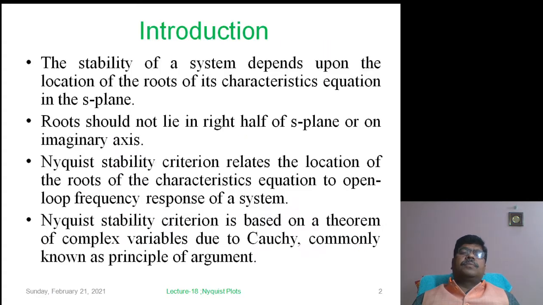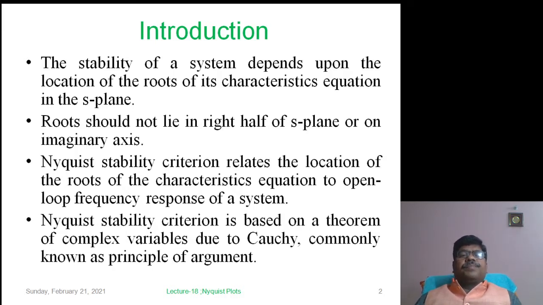So, as we know, any system's stability depends upon the roots of the characteristic equation. If the roots are lying in the left half of the S plane, the system is considered to be stable.